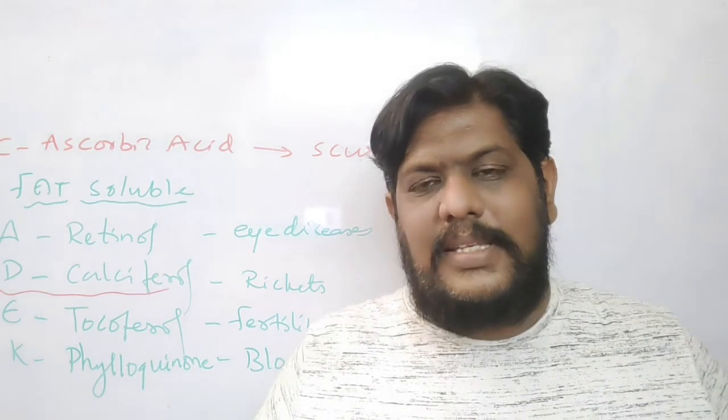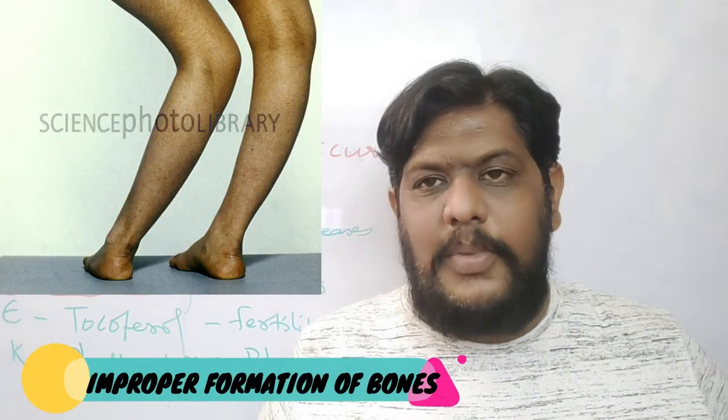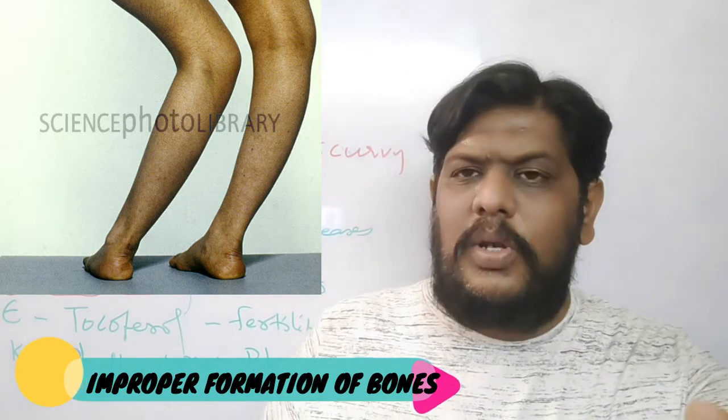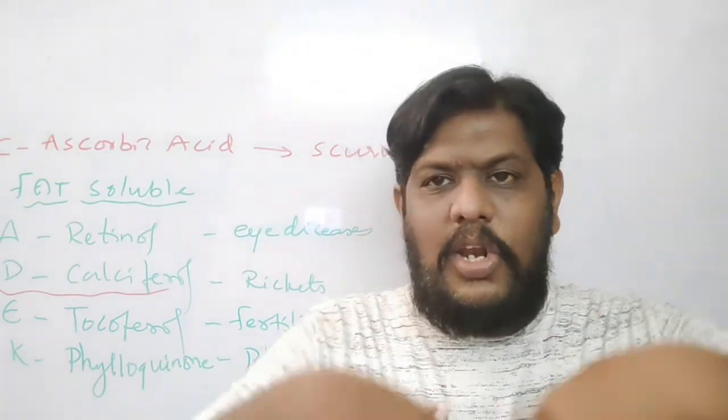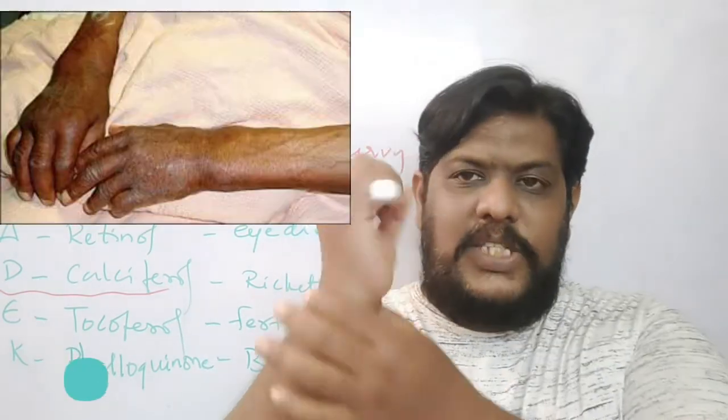The symptoms you can see are improper formation of the bones. The bones will not form properly, and the knees will knock like this, and then the wrist will be swollen.